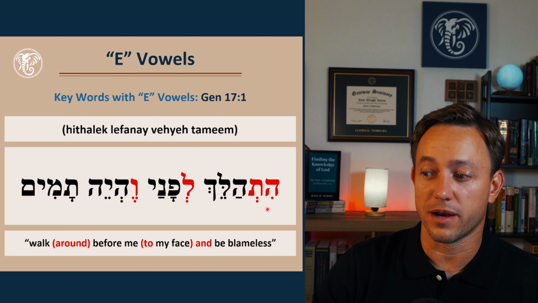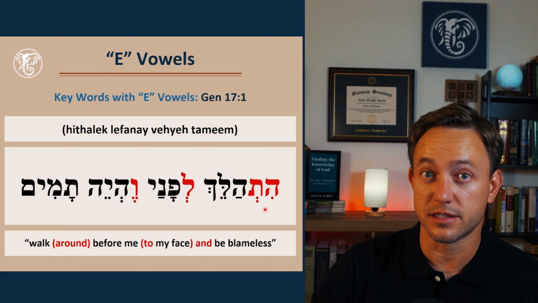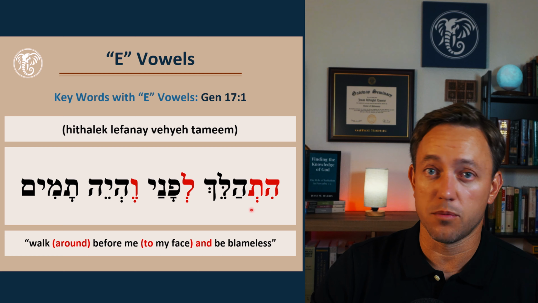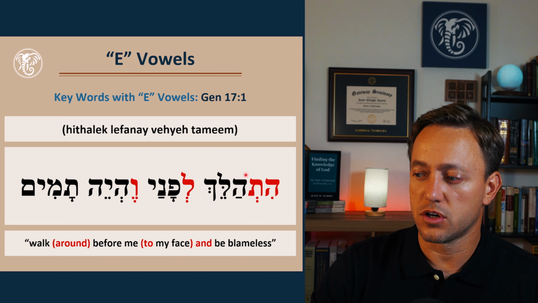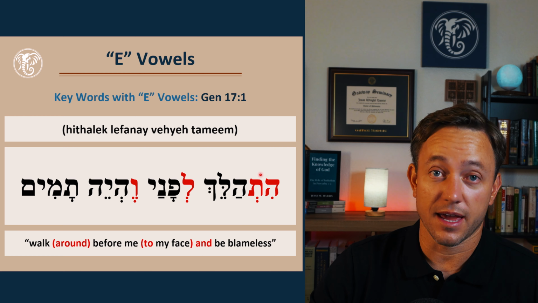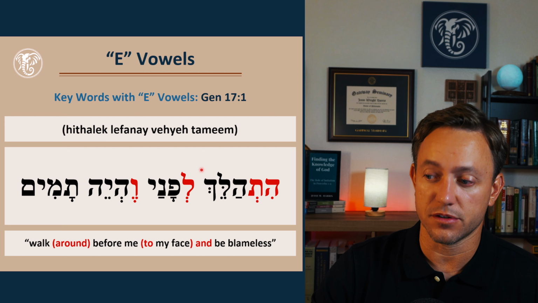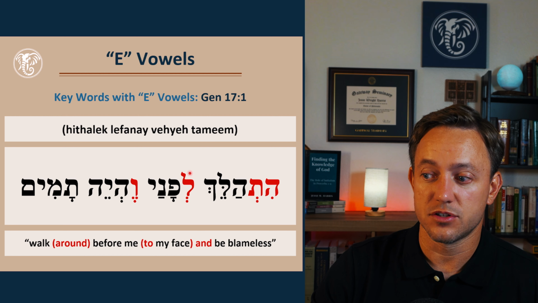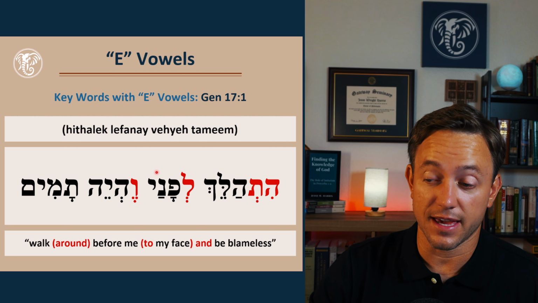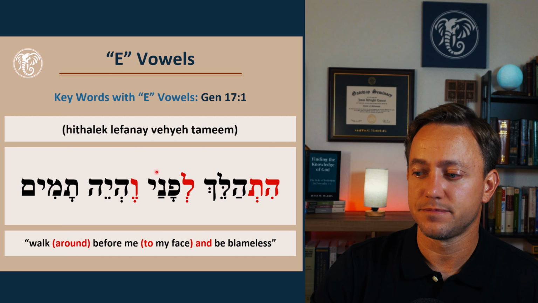It's a little bit more open-ended. Rather than just traveling from point A to point B, it's sort of like to go back and forth or all around. So here it's basically like a command, walk around, right? Anywhere you go, everywhere you go. Le, that's the preposition, to. And then panai means literally my face or my faces.